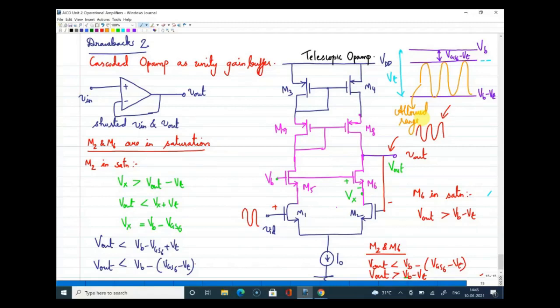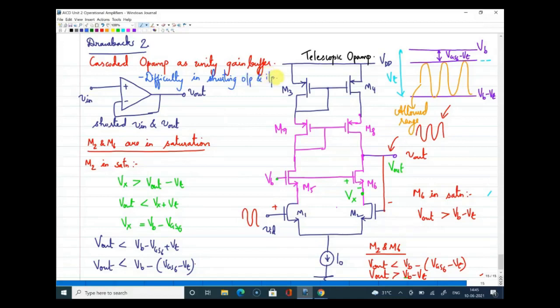So the second difficulty here is, if you are using a cascoded op-amp like a telescopic op-amp as a unity gain buffer, it cannot be utilized as a unity gain buffer because there is difficulty in shorting the input and output. So what is the difficulty? If you do that, the output swing available is very less. So that is the difficulty in shorting output and input.